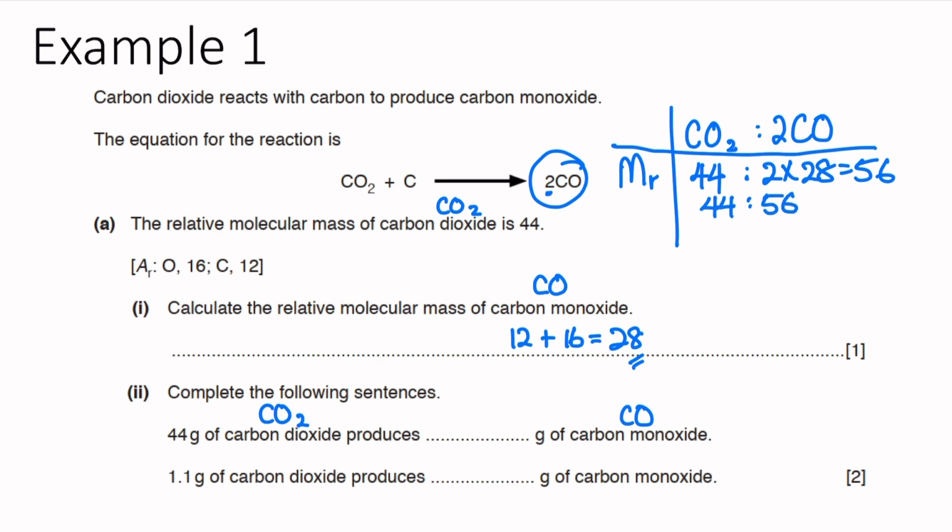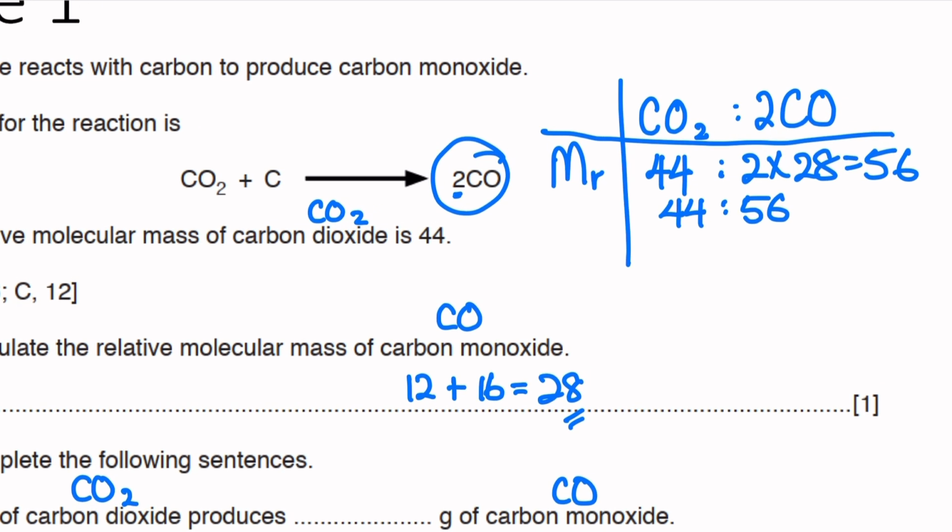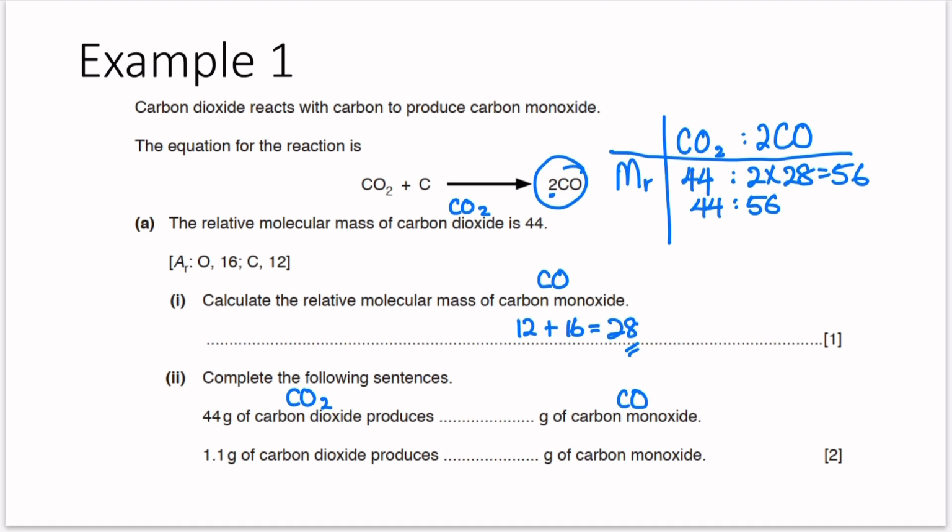So let's read the question again. 44 gram of carbon dioxide produce how many gram of carbon monoxide? Since the ratio already states 44 gram of carbon dioxide, definitely it will give you 56 gram of carbon monoxide. So we can safely write down there, it is 56 gram of carbon monoxide.